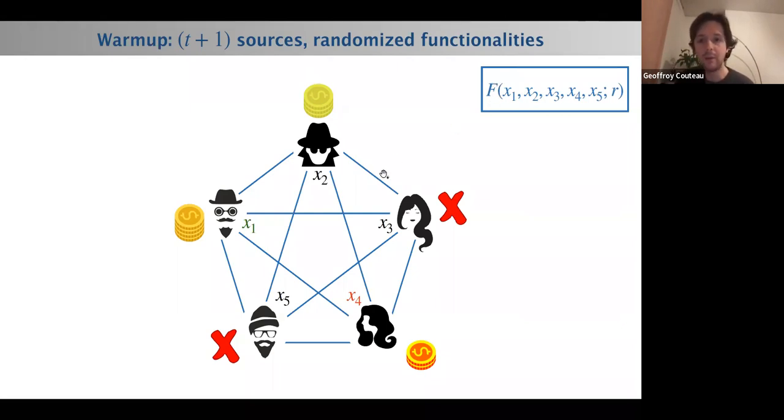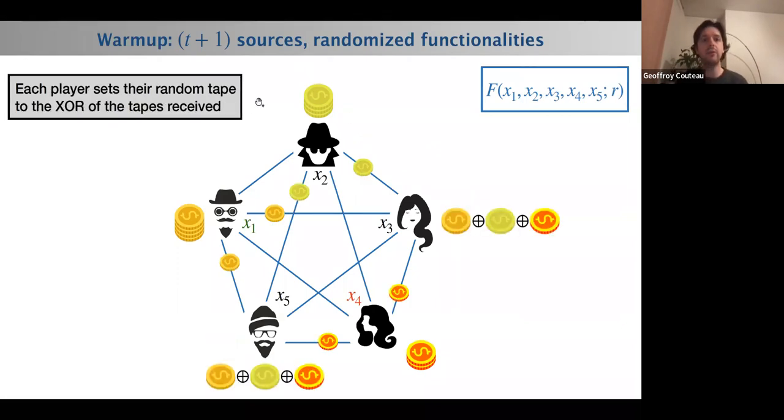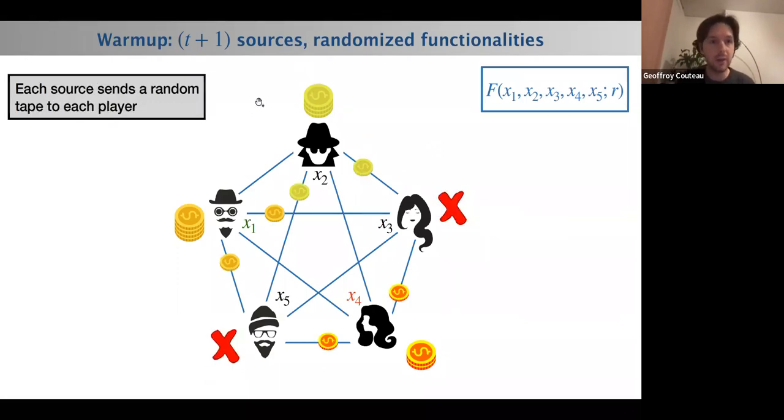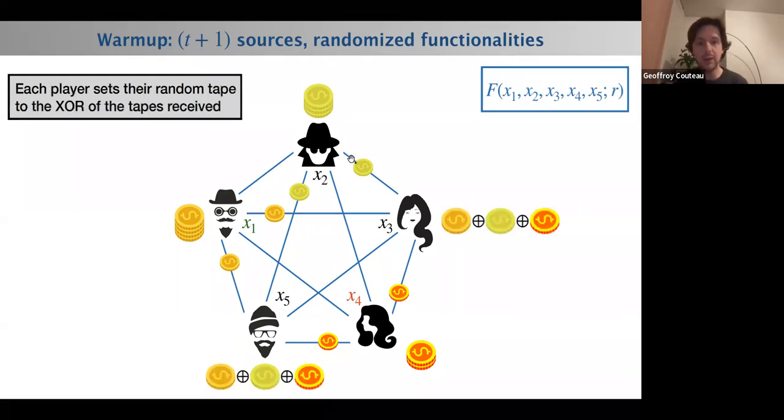So the idea is just to let all the parties which can toss random coins send a random tape to each party who cannot toss random coins, right? So my party here will send a random tape to the 2 parties here who cannot toss random coins. And we'll do that for everyone with the ability to toss coins. And in the end, all the parties who did not have a random tape set their random tape to the XOR of all random tapes you received from all parties who can toss coins.